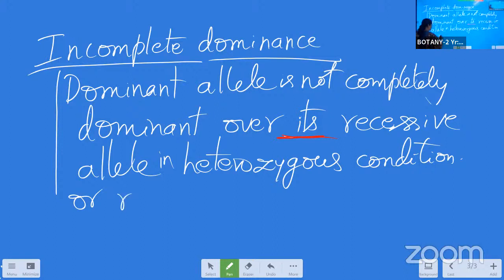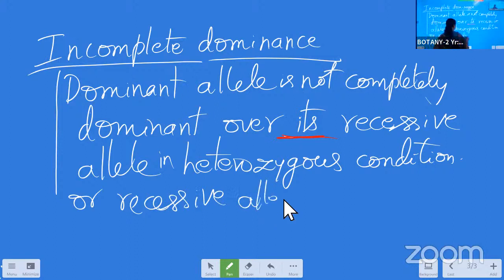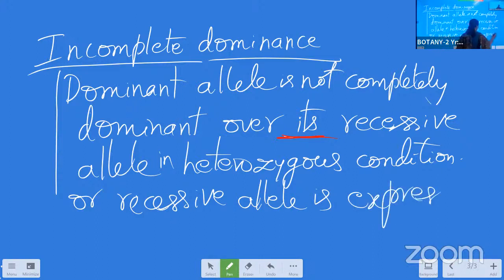Or the recessive allele is expressive in heterozygous condition.